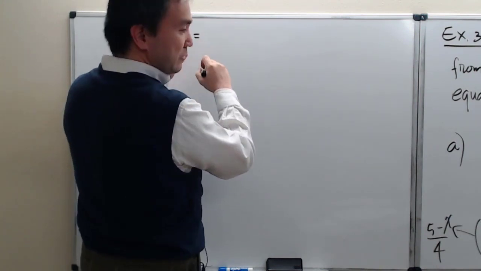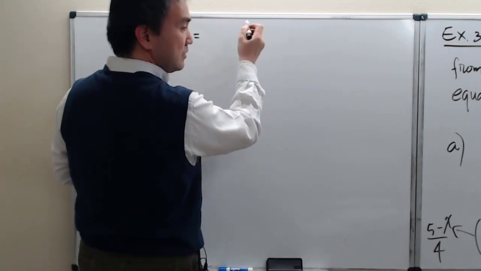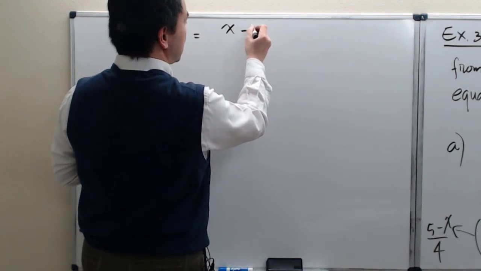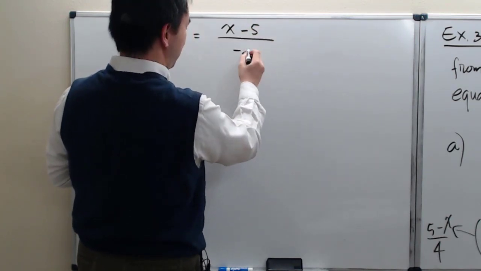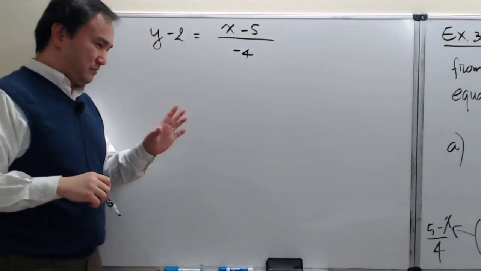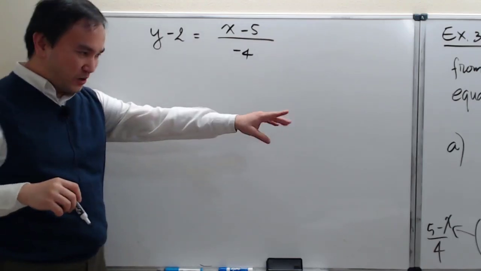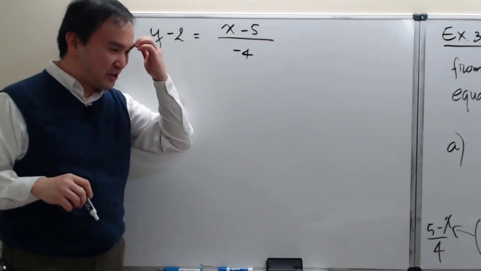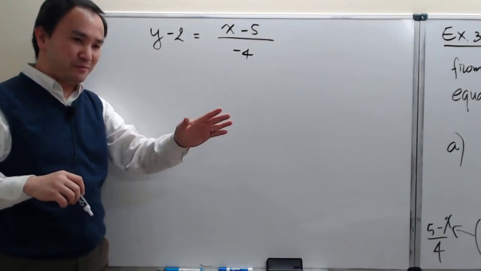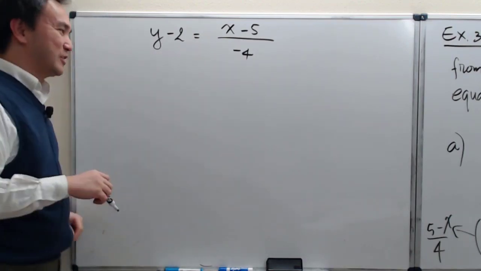So right now, let me rewrite it down. y minus 2 equals (x minus 5) over negative 4. And I'm pretty sure this is a just fine looking Cartesian equation, but you will want to definitely do this.